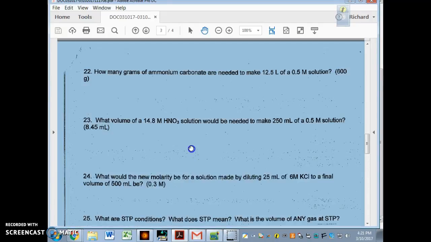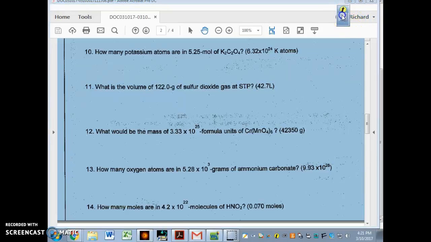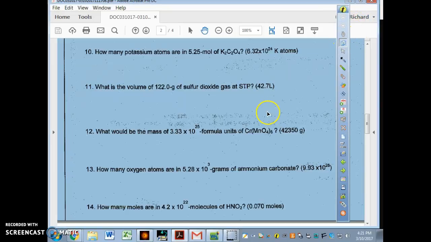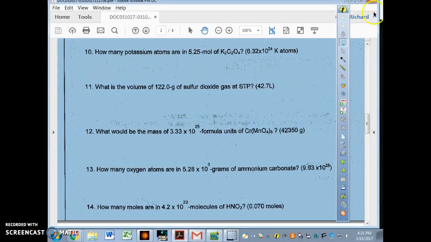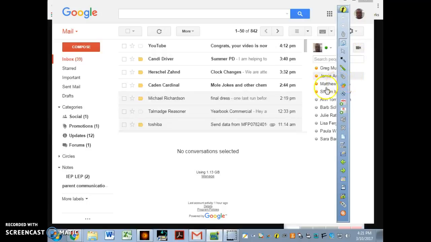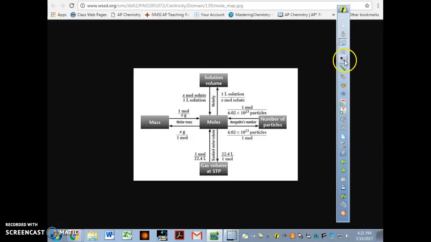How many grams of ammonium carbonate are needed to make 12.5... Whoops, lost our... I don't know what's going on here with our device, but we'll try to clear that up and go with that.